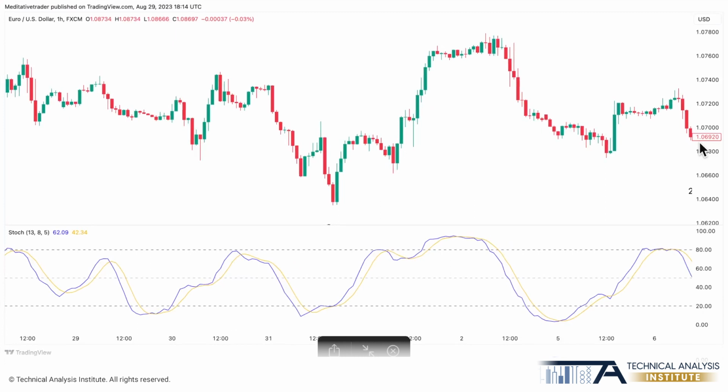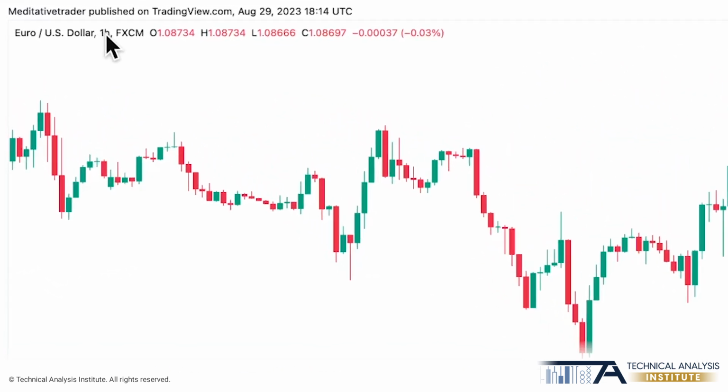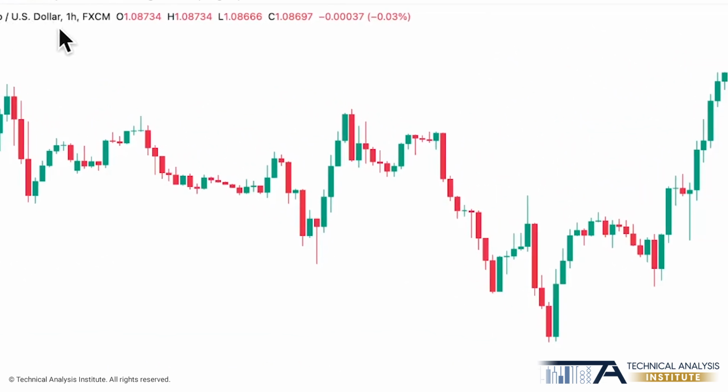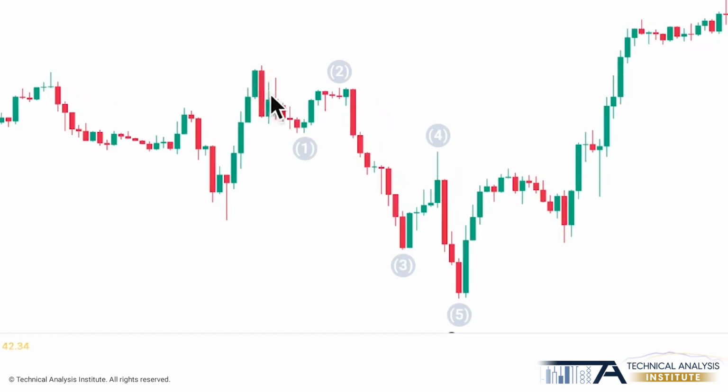One of the things that we insist recommending is that you confirm with the stochastic. You can see on this chart is a 1 hour of the euro dollar, and you can see again the decline was in 5 waves and ended with this large red candle. The next candle opened at the closing of the red candle and closed above the opening of the red candle, making it an engulfing candle.